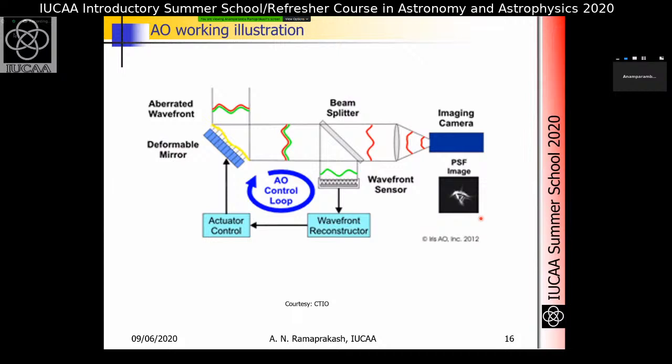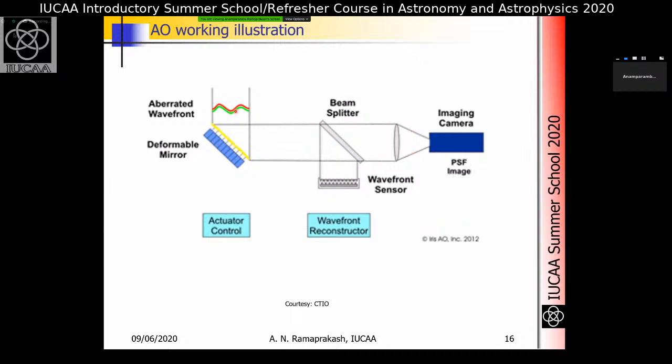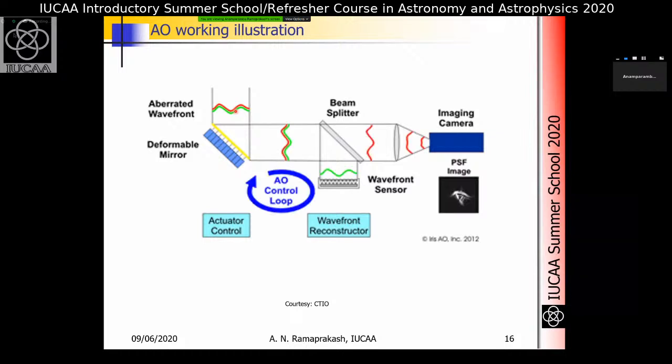So what you need for an adaptive optic system is a guide star to measure the instantaneous distortions introduced by the atmosphere. You need a beam splitter to separate the light from the target object from the guide star light. And from the guide star light, you use a wavefront sensor to measure the instantaneous distortion.